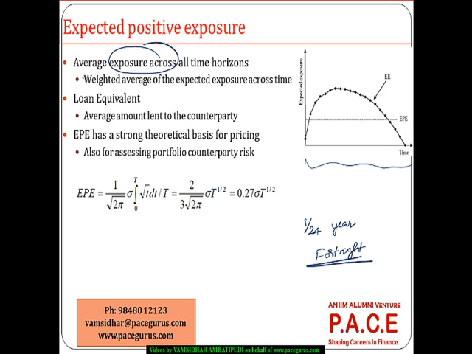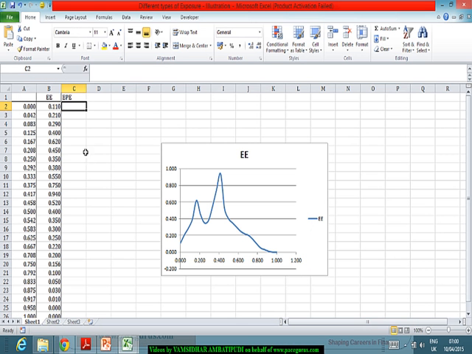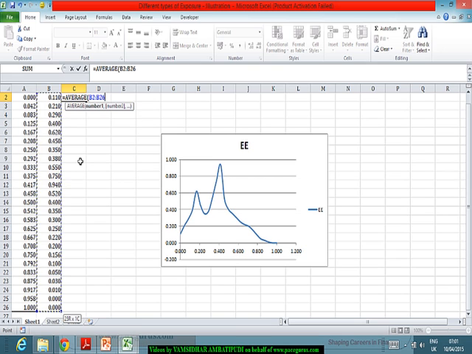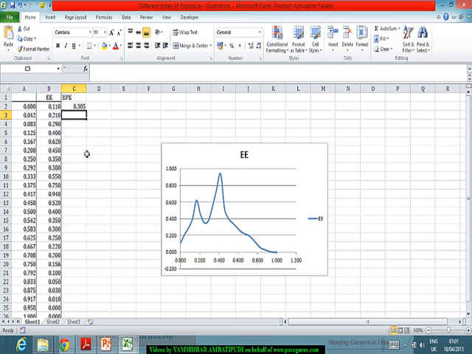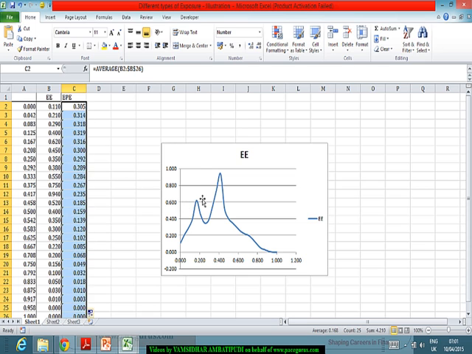So I'm looking at the weighted average of the expected exposures across all time periods, which I can very well take as the average of the exposures, and it is coming out to 0.305.